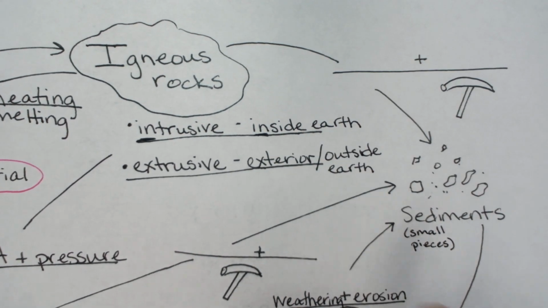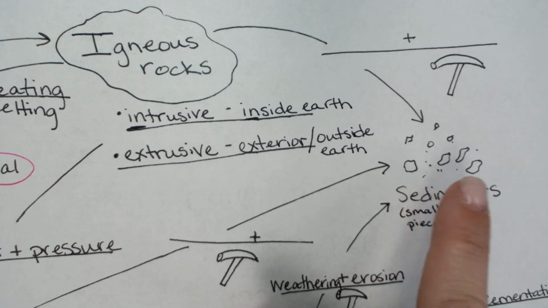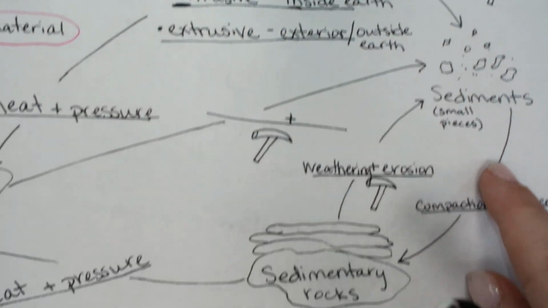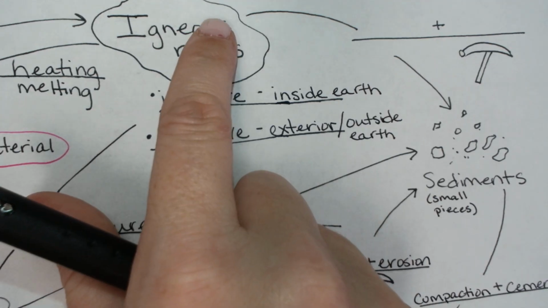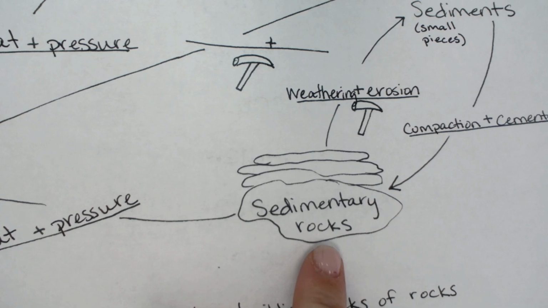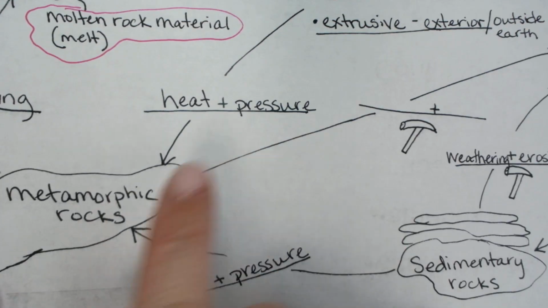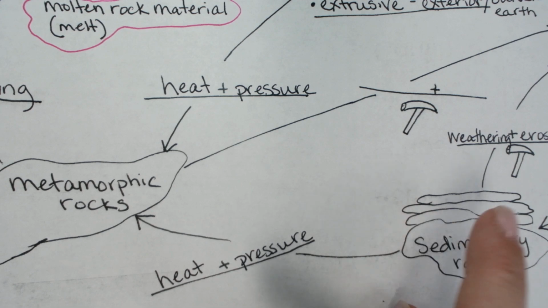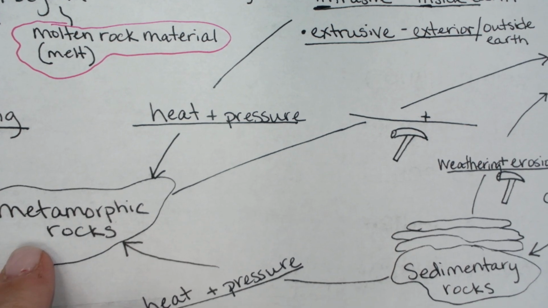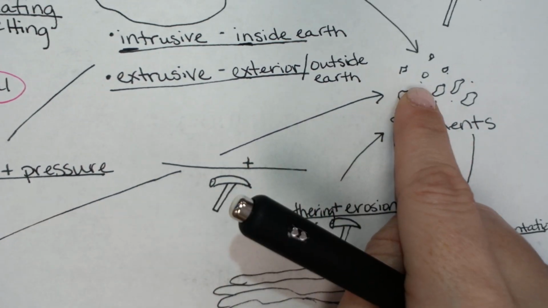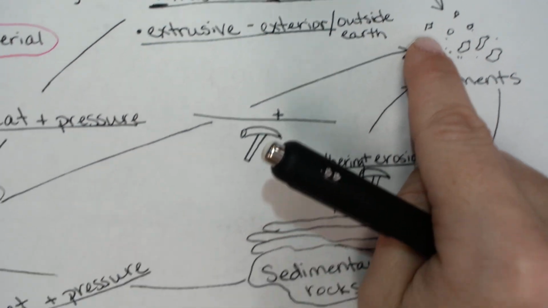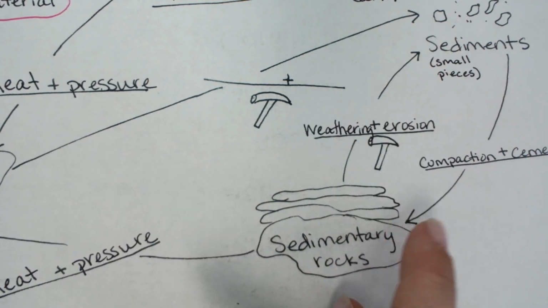All right, moving forward. You can go from igneous to sediments and then sediments to a sedimentary rock. You cannot go from an igneous rock straight to a sedimentary rock without first breaking that igneous rock into bits and pieces. You could go from a metamorphic rock to a sedimentary rock, but first you'd have to break it down into sediments, and then from sediments, compact and cement.